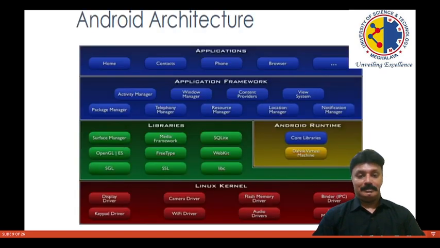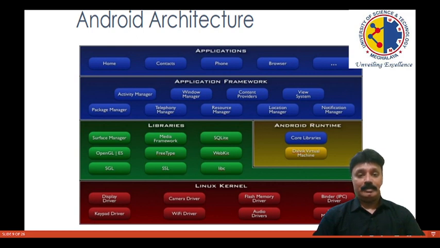Android architecture. There are four layer levels: the application layer, the application framework, then the libraries and Android runtime, and the Linux kernel. In each layer level, certain things are shown very clearly: home, contact, phone, browser.